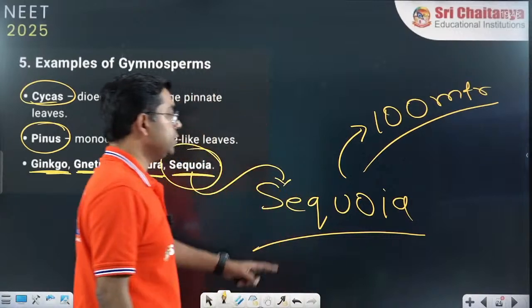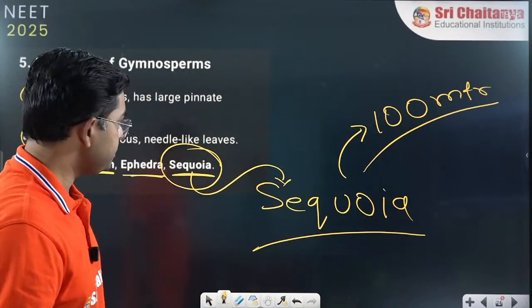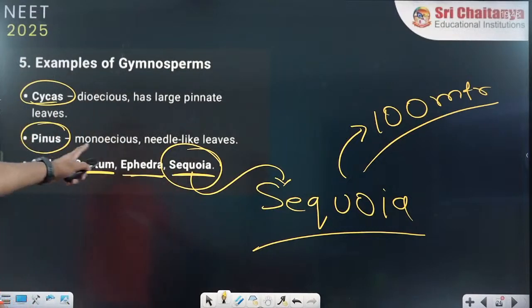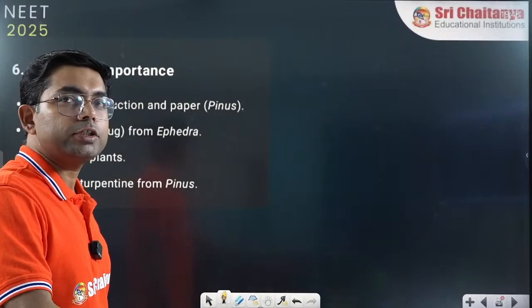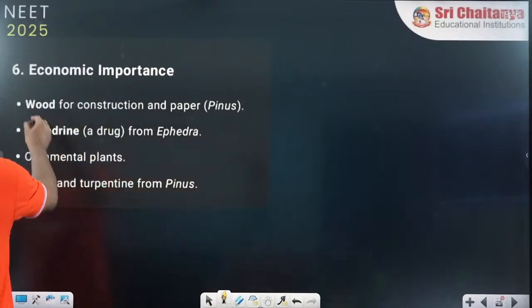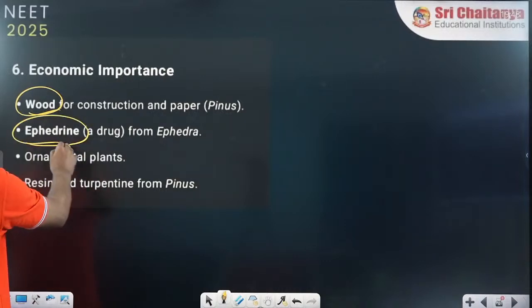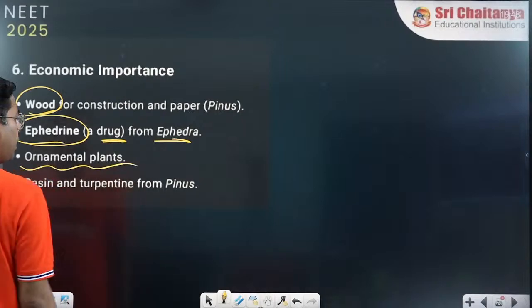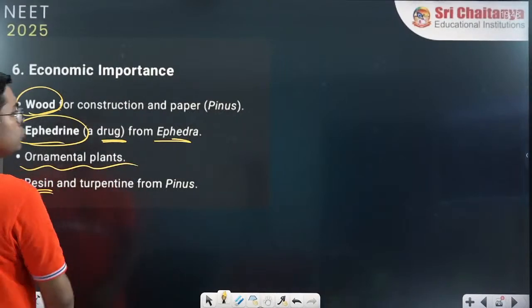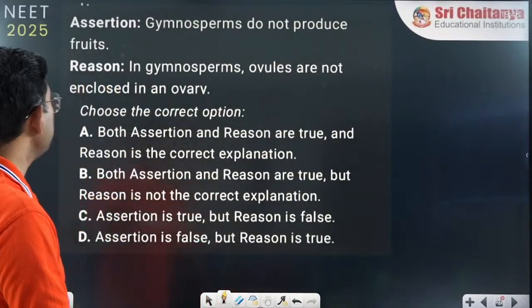They are one of the largest trees found. Remember the economic importance: since they are large trees, they are used widely for wood. Another example, Ephedra, is used for medicine. Many of them are ornamental plants. These are some of the basic economic importance.